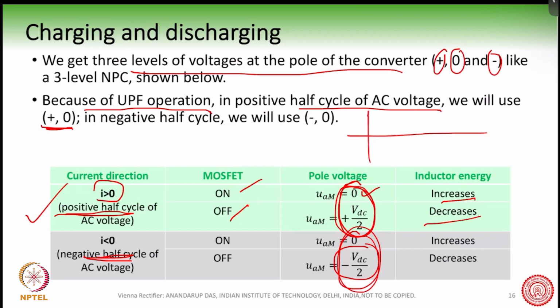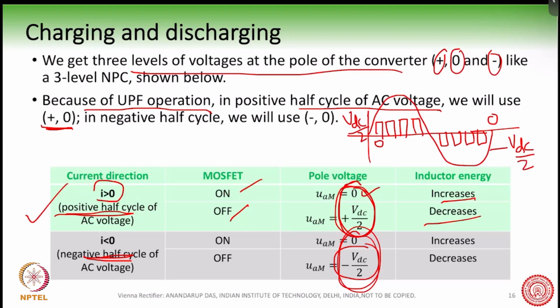In the positive half of the AC cycle, we will do like this: 0 and VDC by 2. And in the negative half of the AC cycle, like this, we will get 0 and minus VDC by 2.